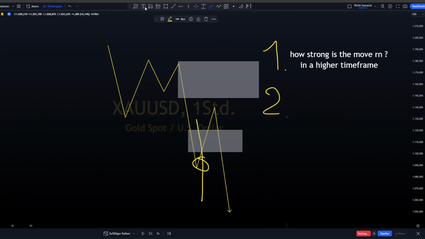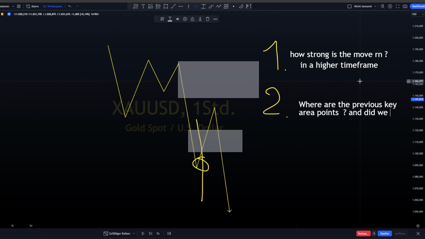The second one, key area points. Where are the previous key area points?